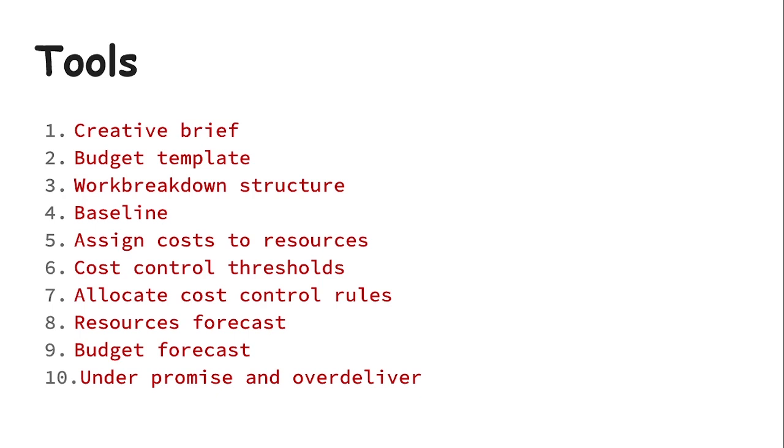Then 10, under promise and over deliver. This is a very good technique for you to keep your clients and to gain trust. So here, if you're budgeting, you've actually budgeted that, you know what, this project is going to take like $2,000, and you're able to know that actually I may be able to use maybe $1,800.